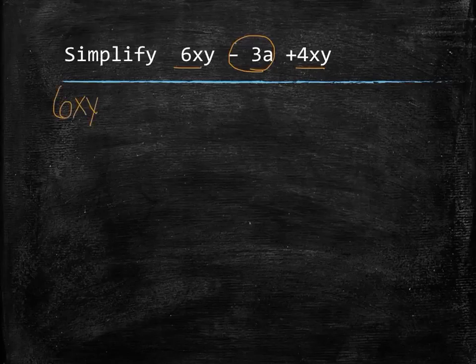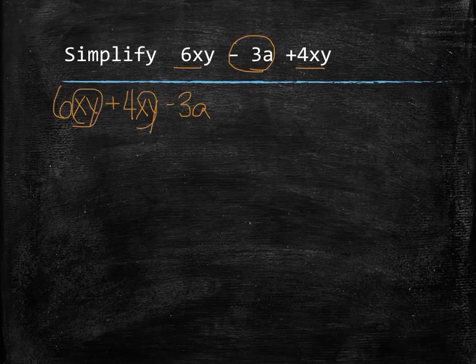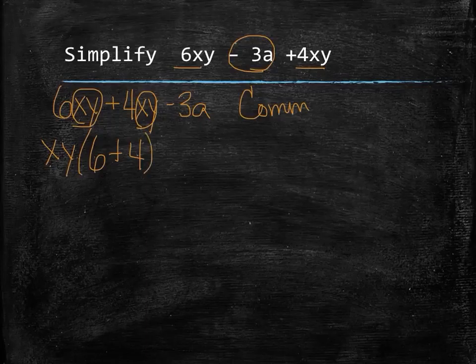6xy plus 4xy minus 3a. I've used the commutative property there. Now you can see I have like terms here, so I'm going to use the distributive property. This was commutative. Distributive property, xy times 6 plus 4 minus 3a.